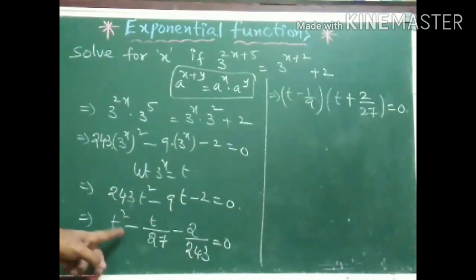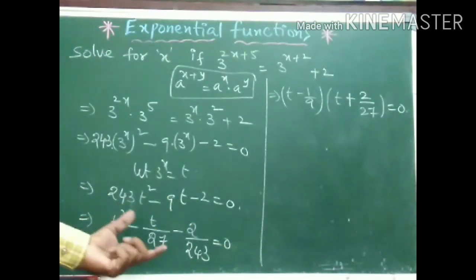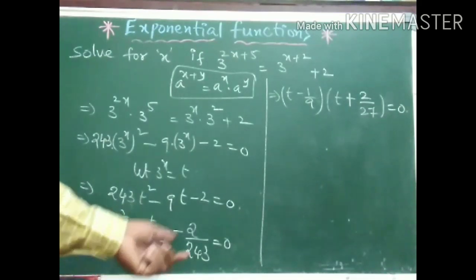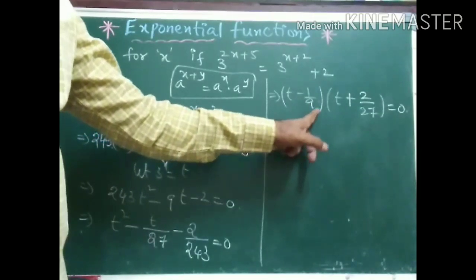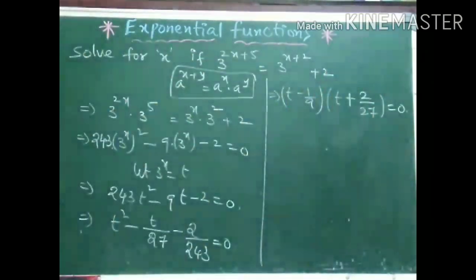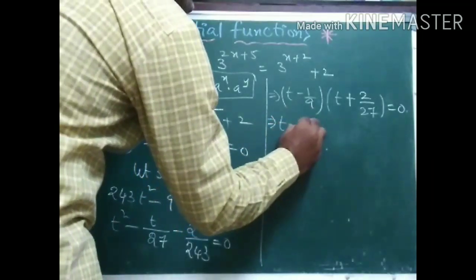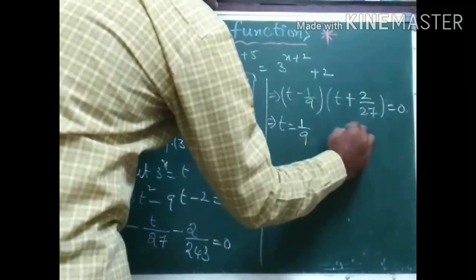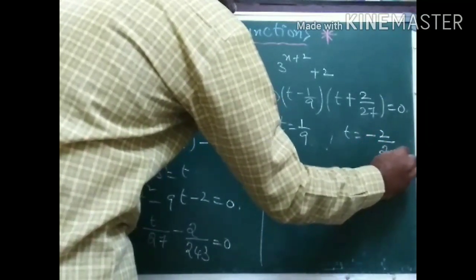Now we can factorize, and the factors are t minus 1 by 9 into t plus 2 by 27 is equal to 0. So on equating to 0, we get t is equal to 1 by 9, and one more thing is t is equal to minus 2 by 27.